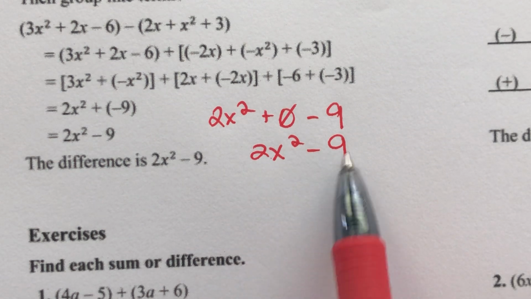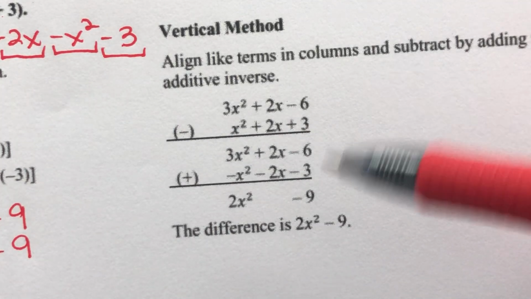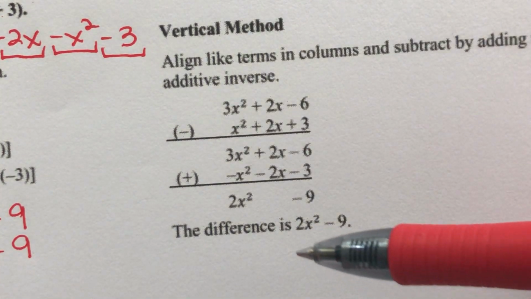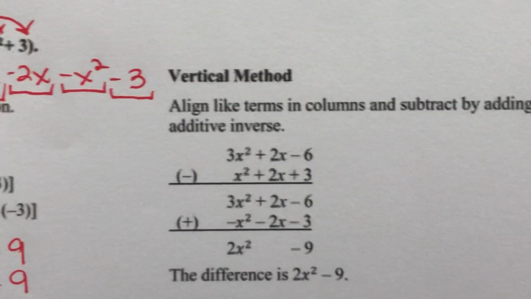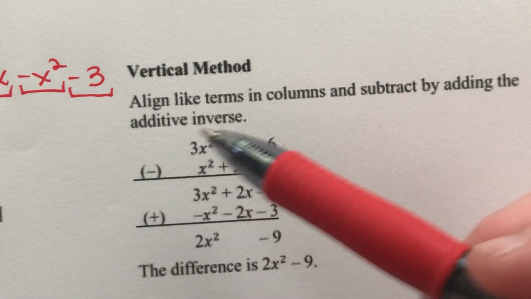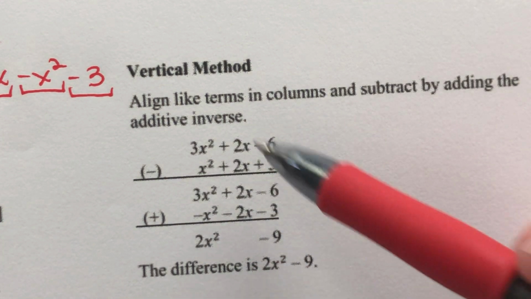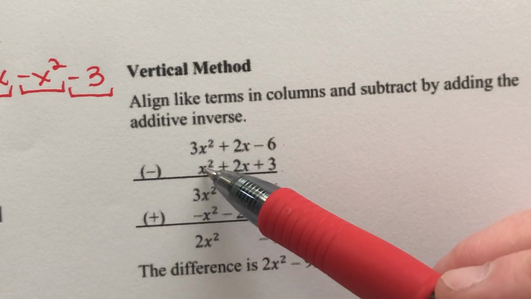We've got a binomial with a degree of 2. Okay, hopefully that makes sense. The other way they said is that you can line them up vertically, right? So here we just wrote them side to side and we combine like terms. Here they put the first one on top and the second one on bottom with a minus sign. So they lined up all the like terms. So 3x squared minus x squared.